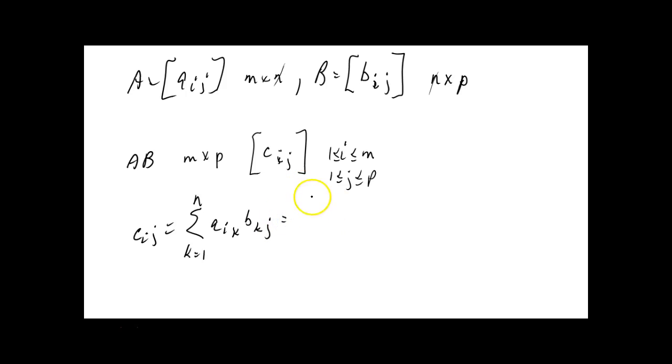Which means when K is equal to 1, that's A_I1 B_1J plus A_I2 B_2J plus, all the way up to plus A_IN B_NJ. Okay. That's how you do it.